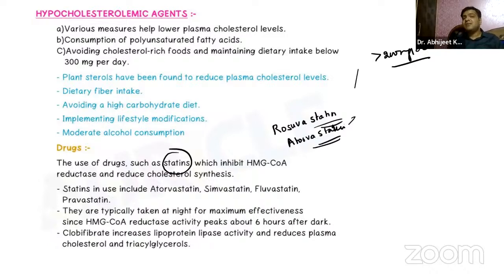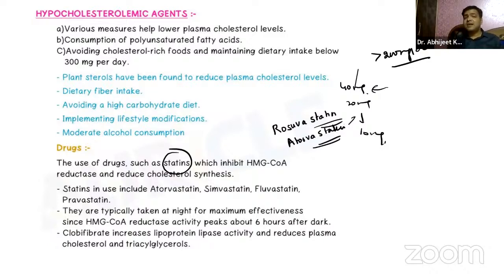So basically, what these statins do, initially we start with a very high dose like 40 mg, then we come to 20 mg, then at last we do 10 mg. So we start with a very high dose, and then we try to taper the dose according to the blood levels.